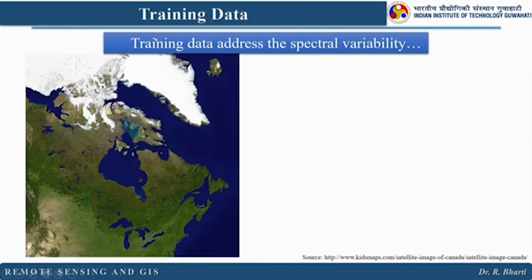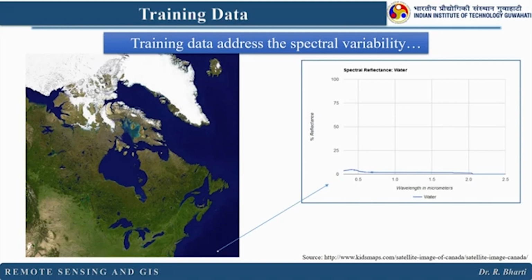Next is that training data addresses the spectral variability. So spectral variability means if you see the water is filled from here to here, here also you have water bodies, right. So the pixels belonging to this particular location will have a different DN value.